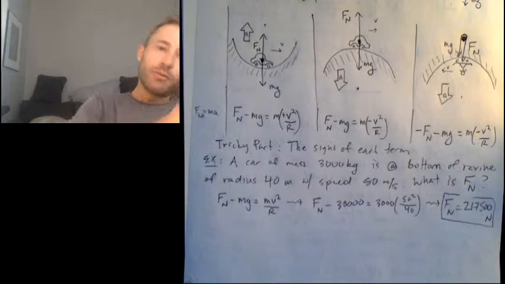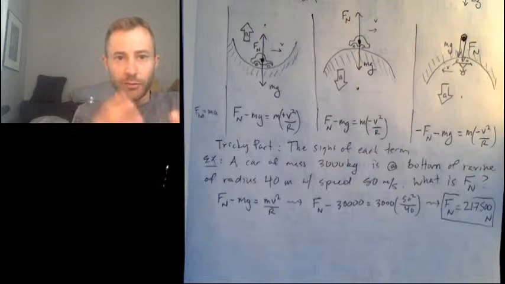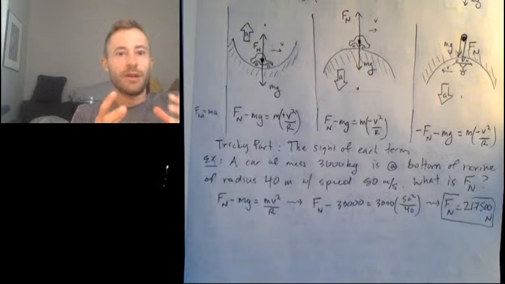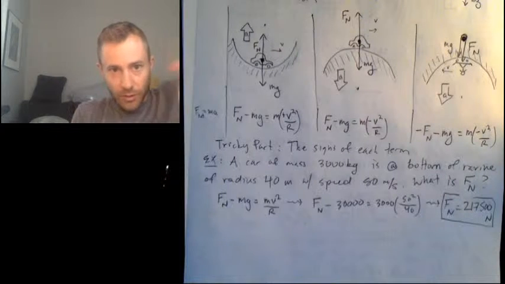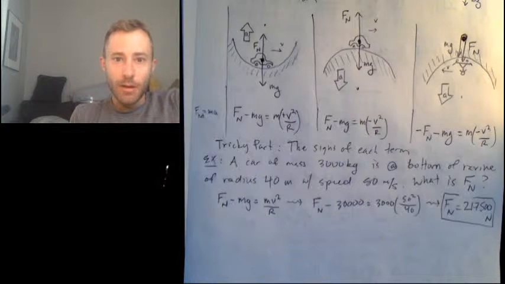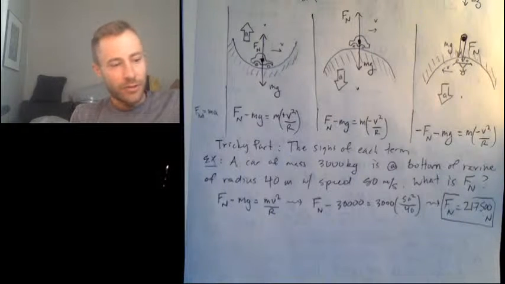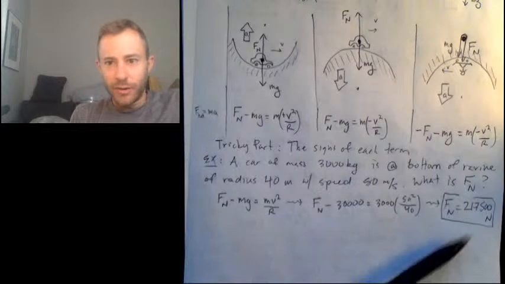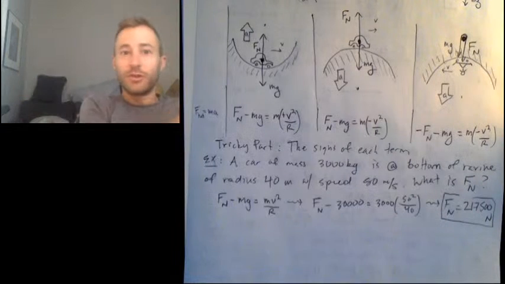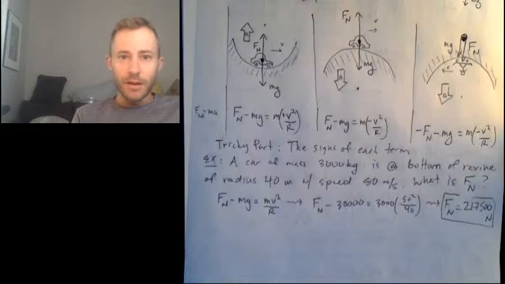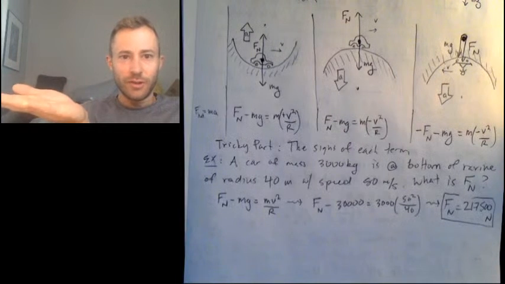When you're at the bottom of a ravine, you feel smushed into your chair. And the reason you feel smushed into your chair is because the normal force has increased so much when you're at the bottom of that ravine. Okay? So this is just an illustration of that, comparing the normal force when you're at the bottom of a circle and you're moving quickly to your normal force if you were just standing still on a flat surface.